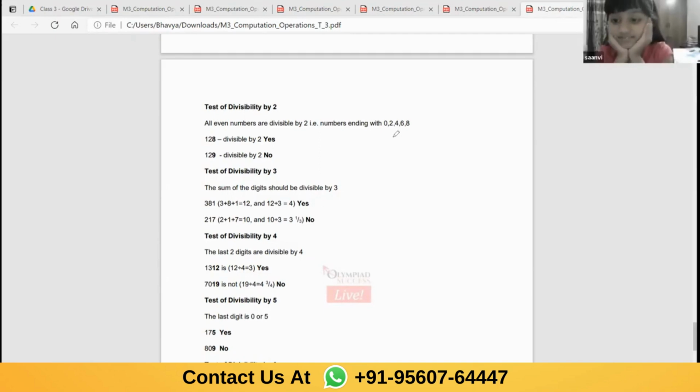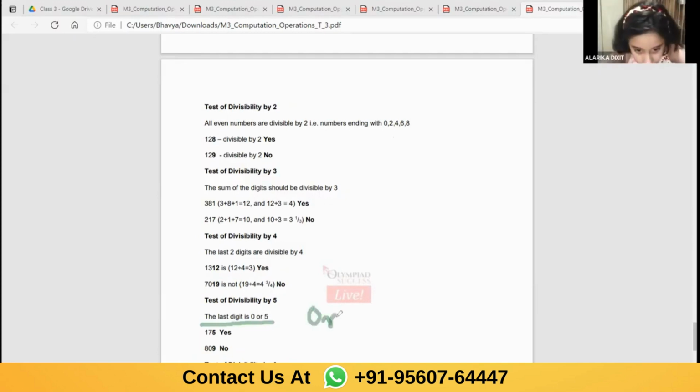Otherwise, if it is any other digit 1, 2, 3, 4, 6, 7, 8, 9, then the number is not divisible by 5. Not divisible by 5 means not completely divisible by 5. There will be some remainder left over.